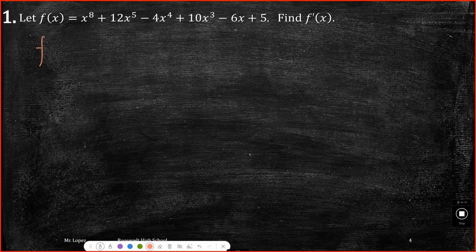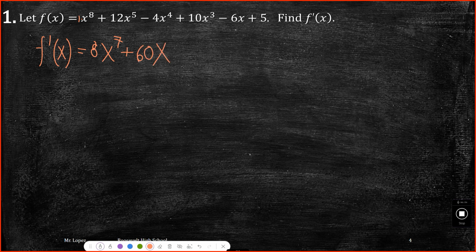f prime of x. f prime of x is going to be: in front of x is a 1. You multiply 8 times 1 is 8. Subtract 1 from 8, 7. You're going to multiply 5 times 12. 5 times 12 is 60.